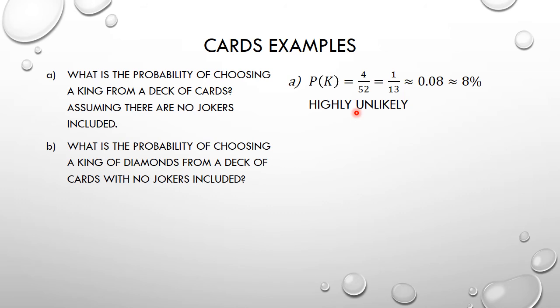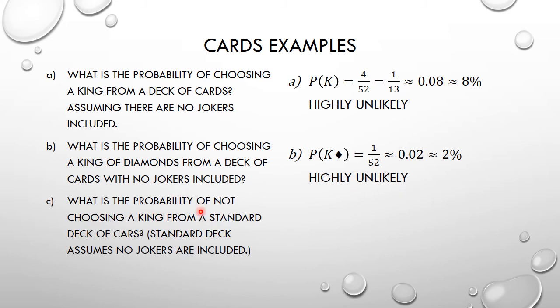What is the probability of choosing a king of diamonds from a deck of cards with no jokers included? So now we need the probability for a king of diamonds. There is only one of those out of the 52 cards, rounded to 0.02, which is 2%, makes it highly unlikely.